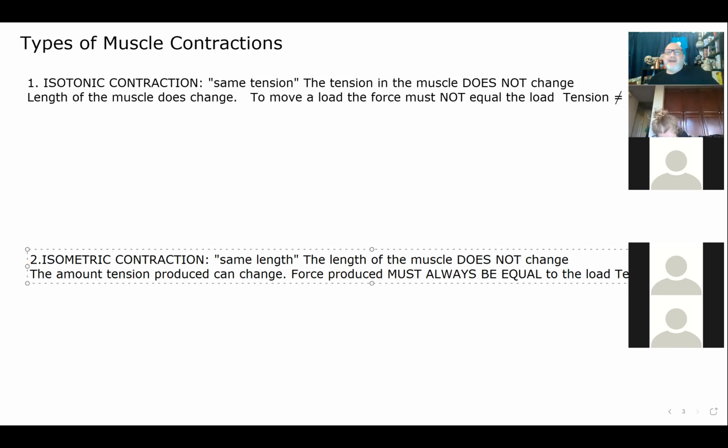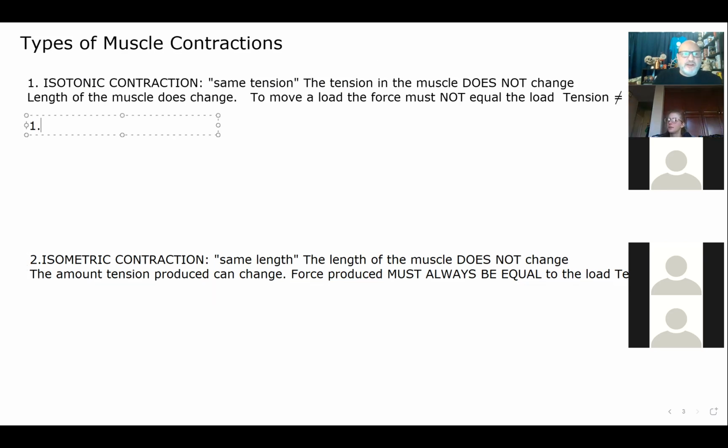Notice with an isotonic contraction, I said that the length of the muscle changes, but I didn't say that it shortens, because sometimes there is one type of isotonic contraction where the muscle gets shorter.